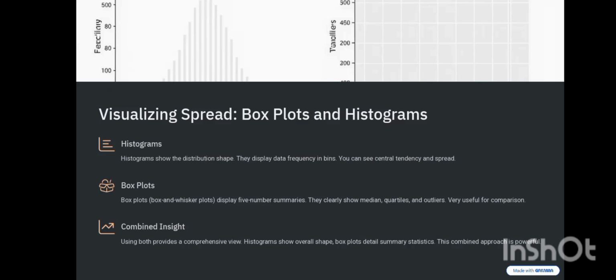Very useful for comparison. Combined insight: histograms show overall shape, box plots show detailed summary statistics. This combined approach is powerful. We can see in that graph there is a histogram, and then you can see there is a box plot also.